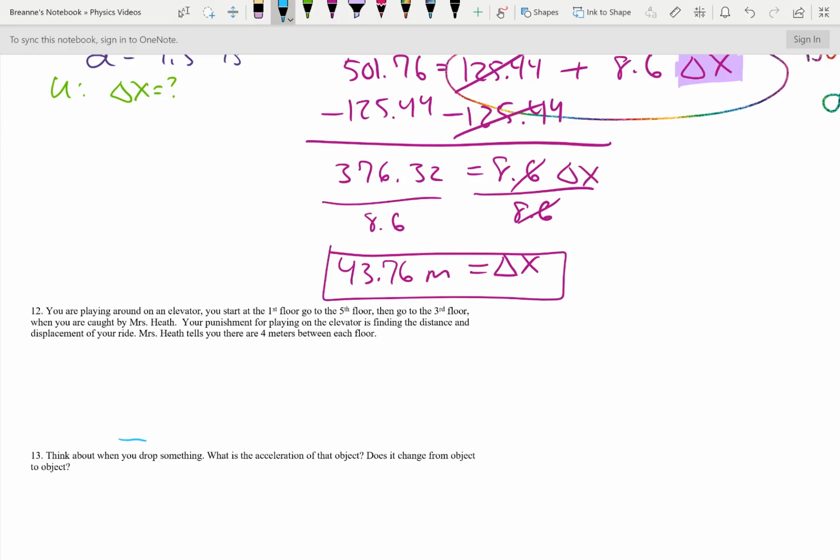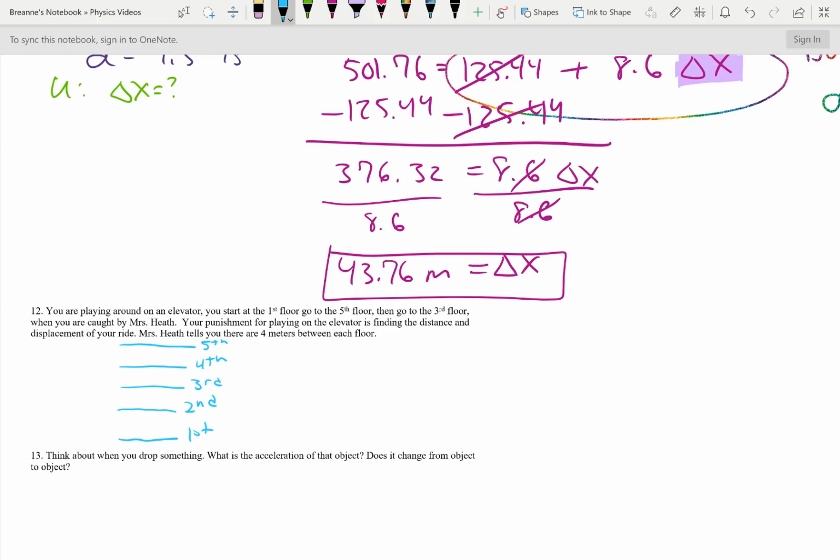So again, I'm a very visual person, so I'm going to draw it out. So you start on the 1st floor. You go up to the 2nd floor, 3rd floor, 4th floor, 5th floor.